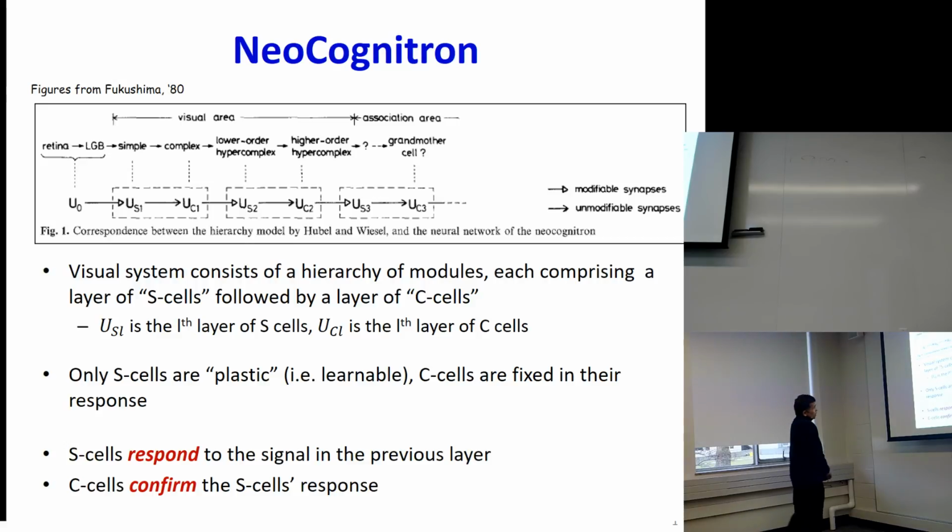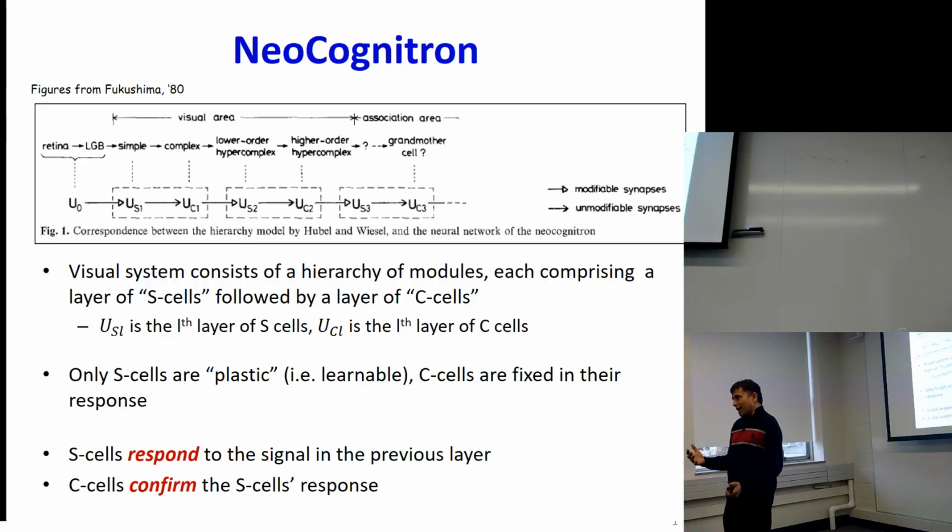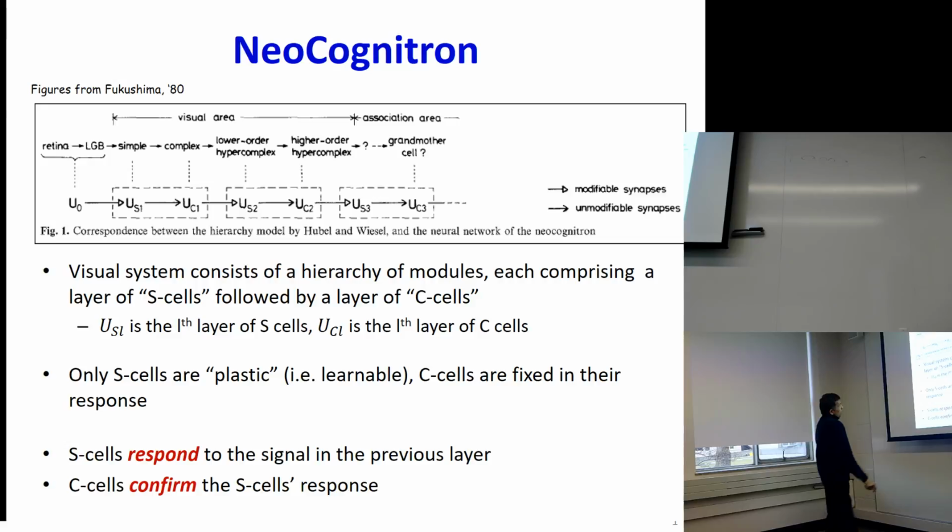So in his model, the visual system consists of a hierarchy of modules, each comprising a layer of S cells followed by a layer of C cells. Observe that these S and C cells are following the same organization that was proposed in Hubel and Wiesel, right? So you can number them: U0 is your retina. This is where you have RGB responses.